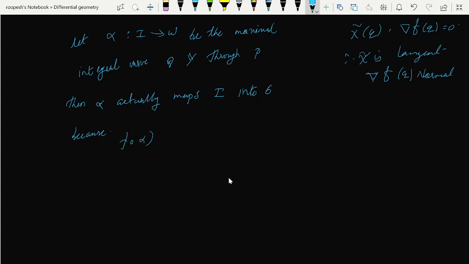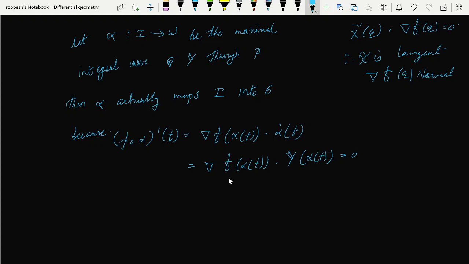F composition alpha dash of t using chain rule is nothing but del F of alpha of t dot alpha dot of t. Now alpha dot of t is Y of alpha of t, and this is equal to 0.